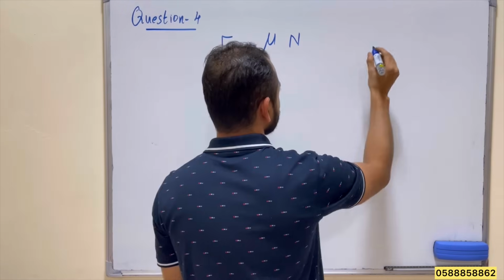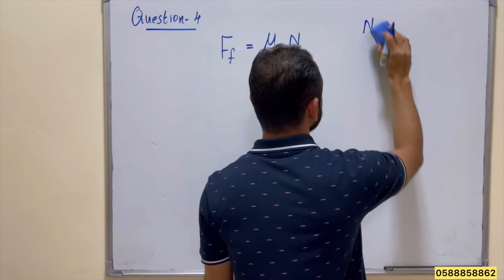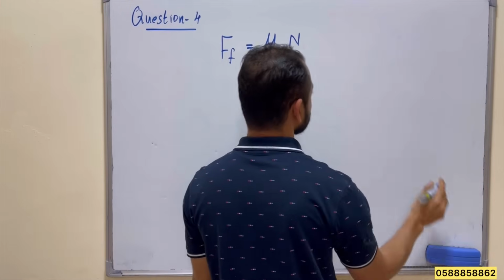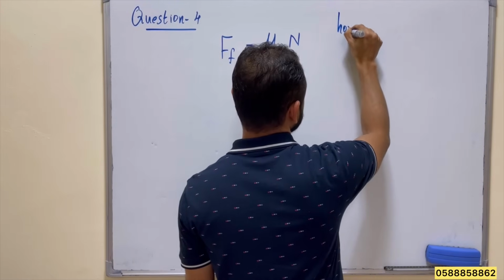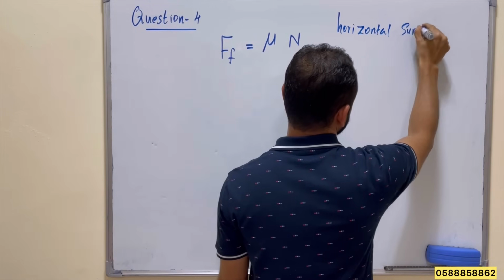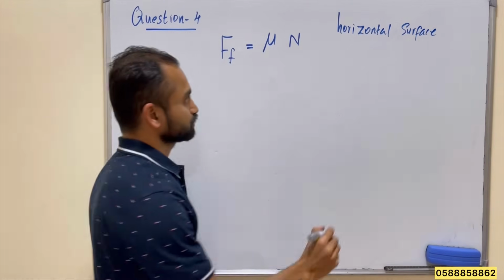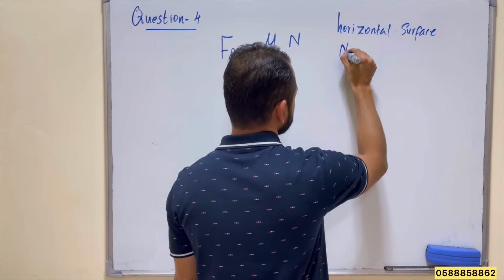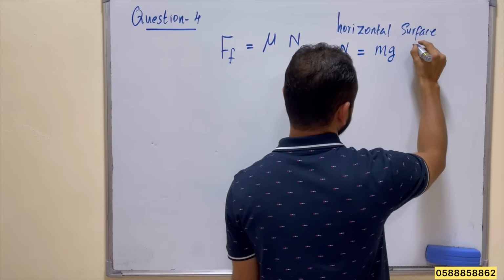So here, what is normal force? For example, if the object is on a horizontal surface, then the normal force is equal to the weight of the object, mg, where m is the mass.